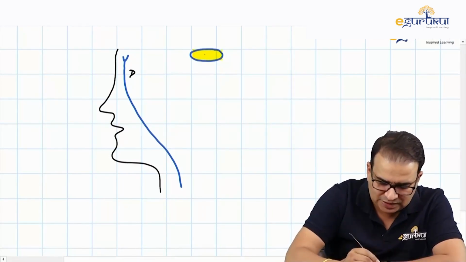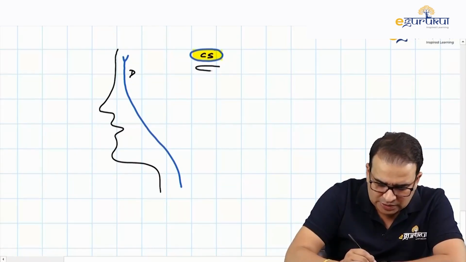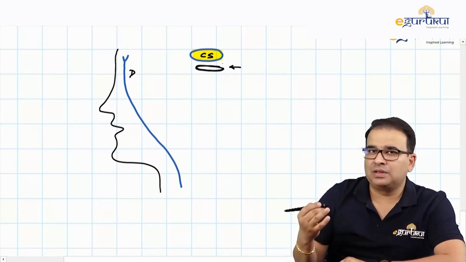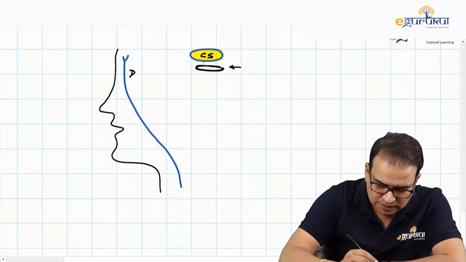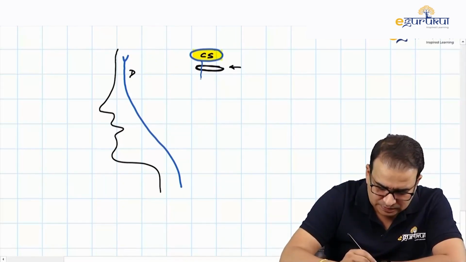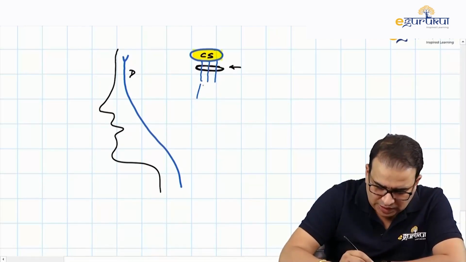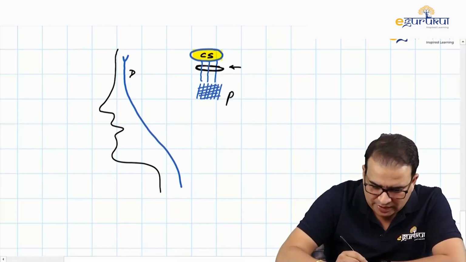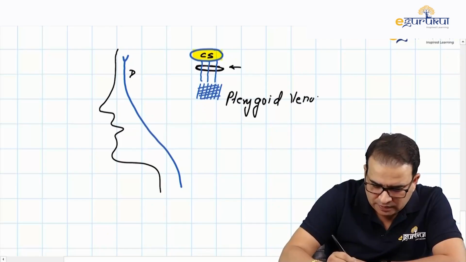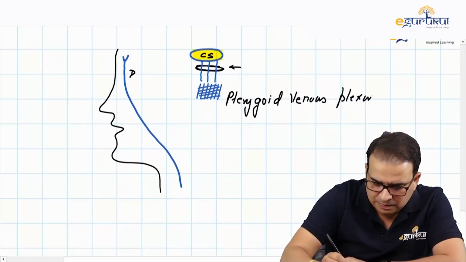Let's say this here is the cavernous sinus, and the foramen forming the floor of the cavernous sinus allows the passage of emissary veins which are connected to the plexus below in the infratemporal fossa, and this plexus is called the pterygoid venous plexus.